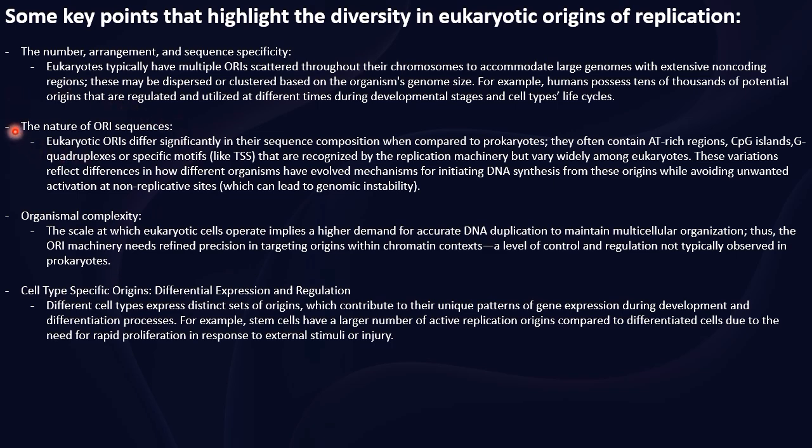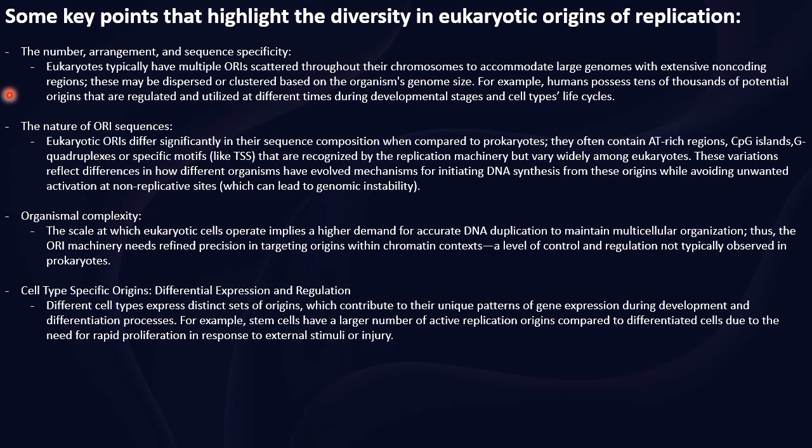When we compare prokaryotic ORI and eukaryotic ORI, eukaryotic ORI is far more complex, whereas prokaryotic ORI contains two separate sequences, a 13-mer and a 9-mer, one containing AT-rich sequence and the other the GC sequence, where the DNA protein binds and starts to melt the DNA.